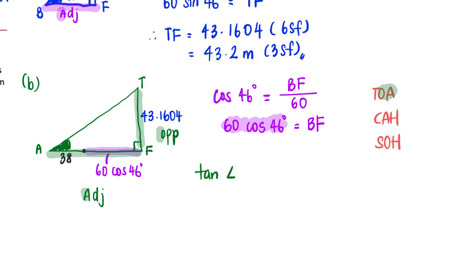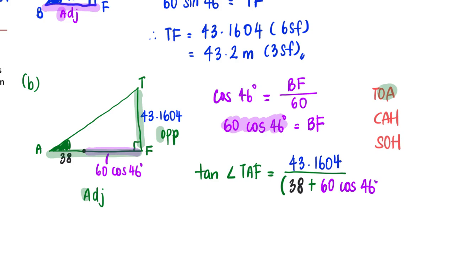So tangent of the angle TAF is equal to opposite, which is 43.1604 as obtained from part A, divided by my 38 and my BF, 60 cosine 46 degrees.